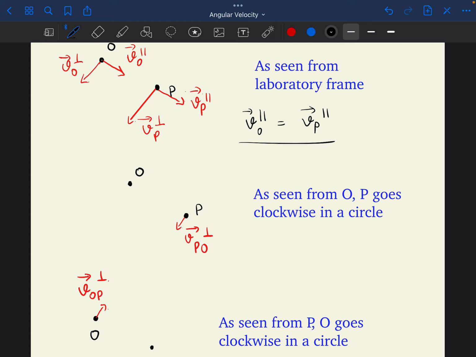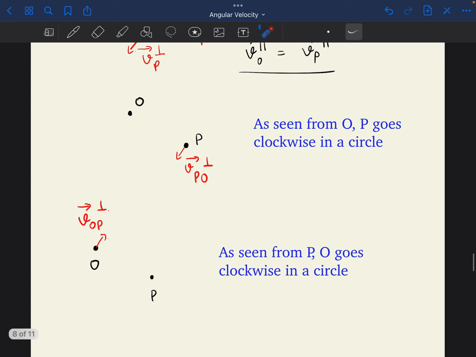So as seen from O, if you subtract the perpendicular components, you get this relative velocity. And as seen from P, O also goes in a circular path, as I've said. So if you go into the frame of P, O goes around in a circular path like this. As seen from O, P goes around in a circular path like this.